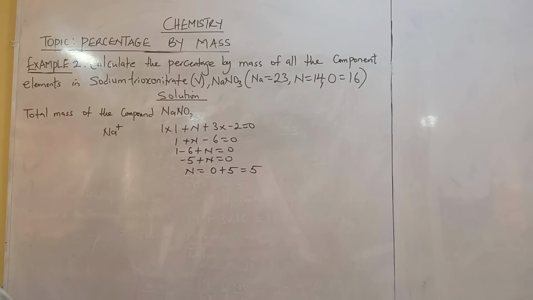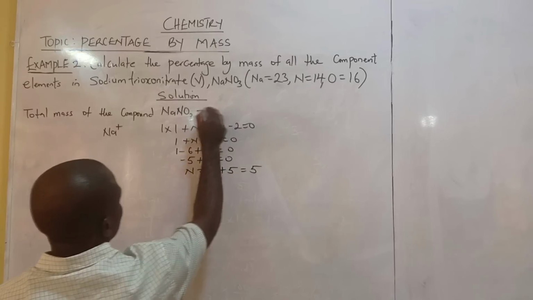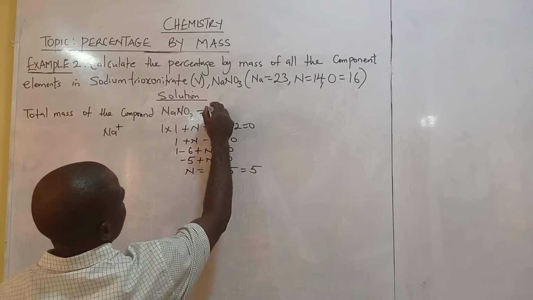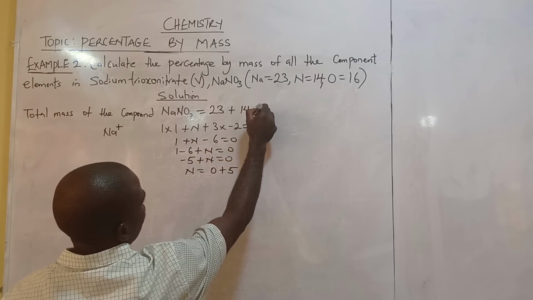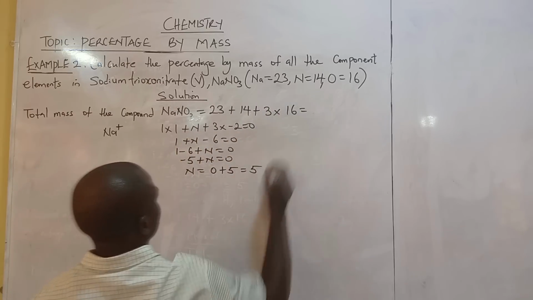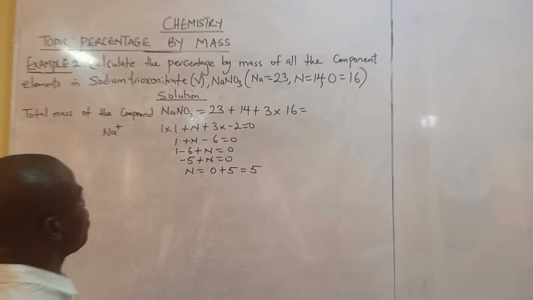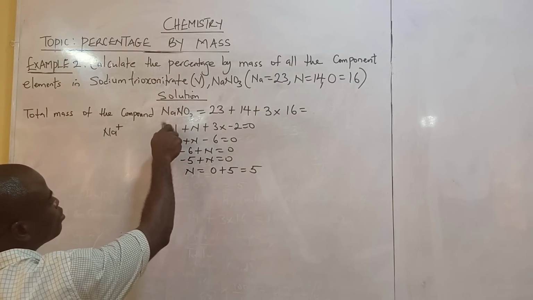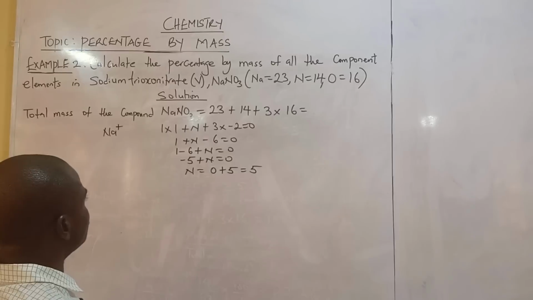Okay. Now percentage by mass of all the elements. Let's know the total mass of the compound. Sodium is 23 plus nitrogen 14 plus 3 times 16. We have 3 moles of oxygen atom here, 1 mole of nitrogen atom, and 1 mole of sodium atom.